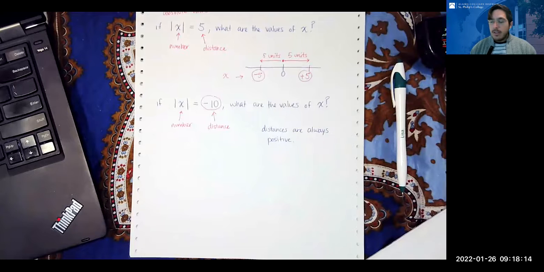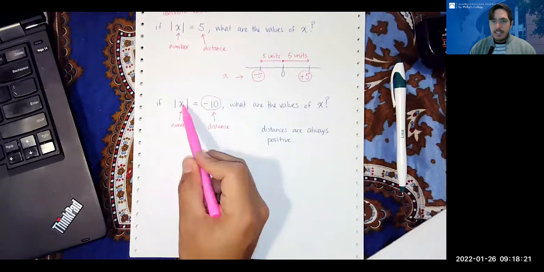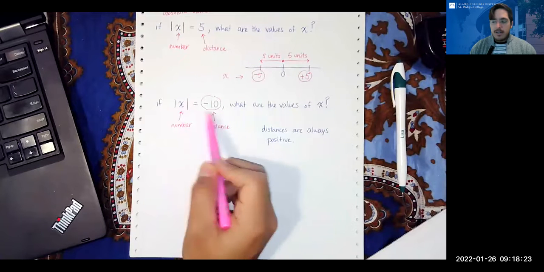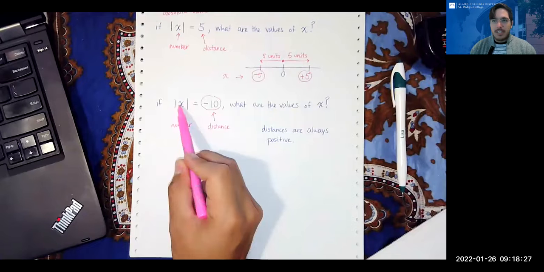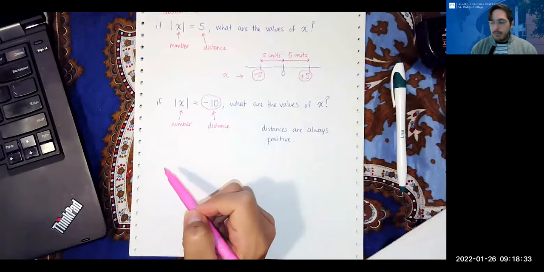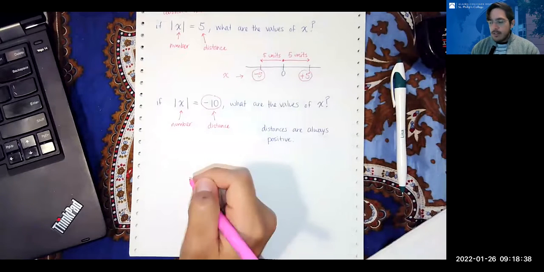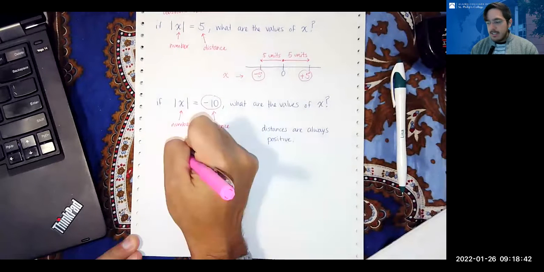No. If this question is saying the absolute value of this number is negative 10, there is no number that you can throw into the absolute value operation that gives you a negative value in the end. So whenever it's a negative, the answer is just going to be no solution. There's no solution because there are no negative distances.